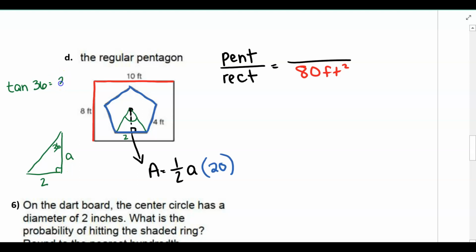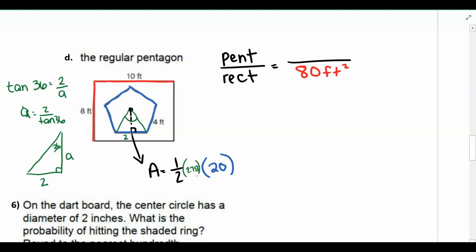So tangent of 36 is equal to opposite 2 over adjacent a. Once I do my cross multiplication, I end up having to do 2 divided by tangent of 36. And that tells me that my apothem is approximately 2.753.